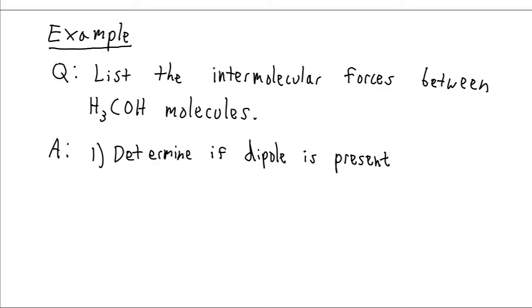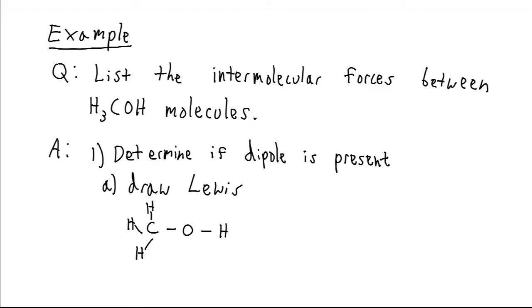All right, so the first thing we have to do is figure out our structure. So we'll start with the Lewis structure. So we have carbon with 3 hydrogens attached to it, attached to oxygen, attached to hydrogen. And if I count my electrons for all of these, I should have 14 electrons total.